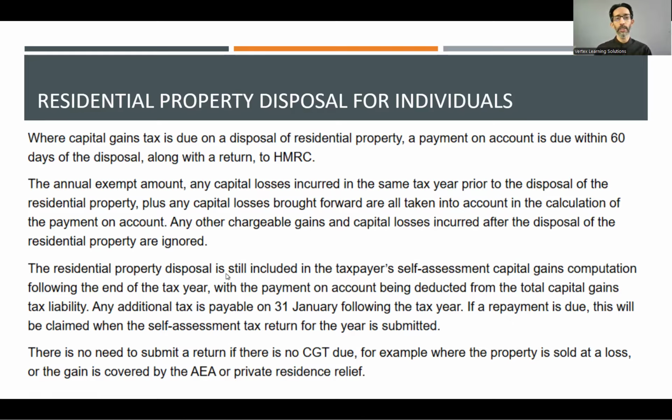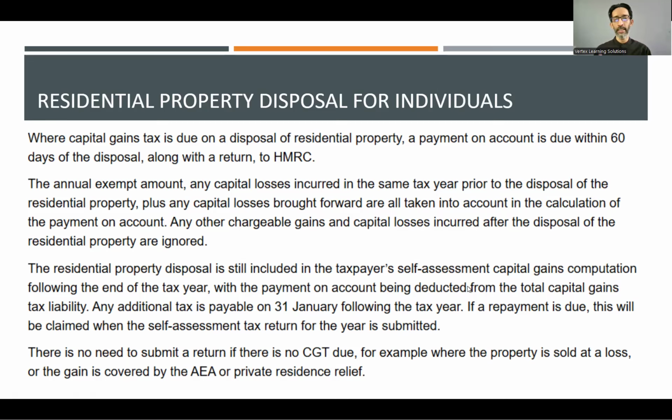The residential property disposal is still included in the taxpayer's self-assessment. This is what I explained when it comes to calculating the balancing payment. This is still considered, however the payment is already made. So what we do is deduct the payment on account from the total. We do the whole calculation again: this is the total capital gain payable, including the residential property.